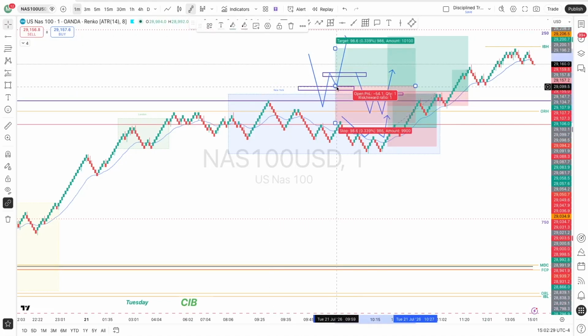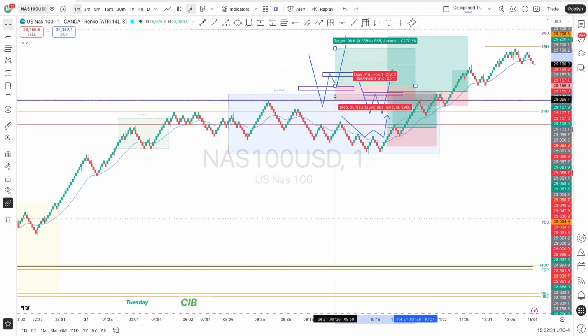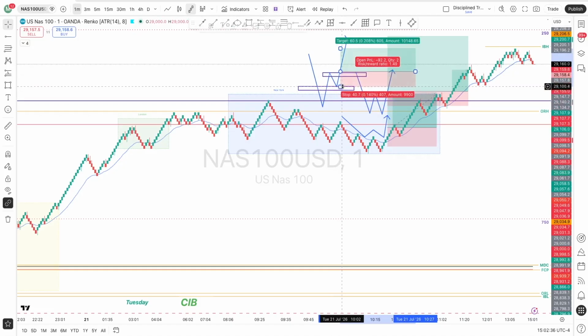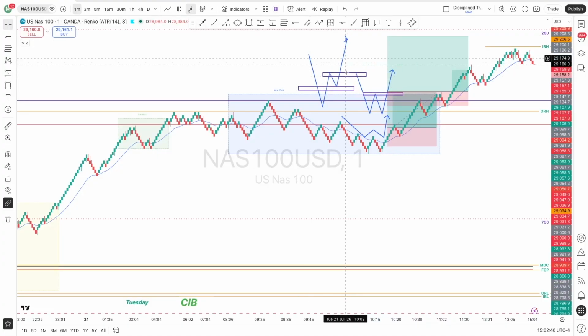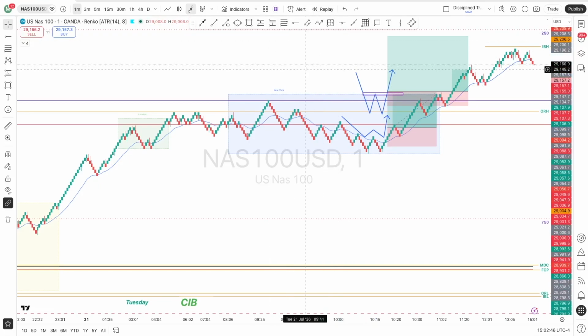So now that's your first entry, and then your second. It depends which pattern is forming. Now on Renko, pretty much is going to be M tops for the sell-off and W bottoms for the buy-up.